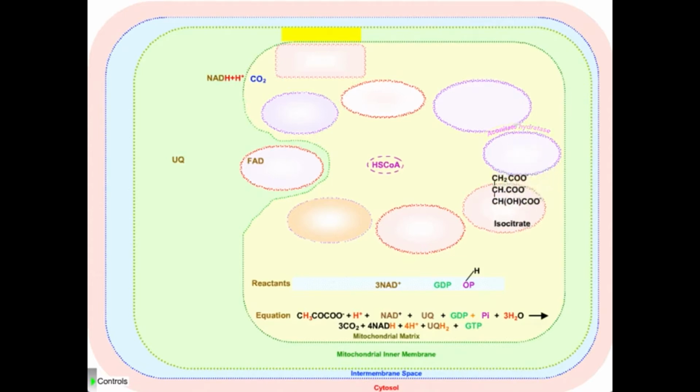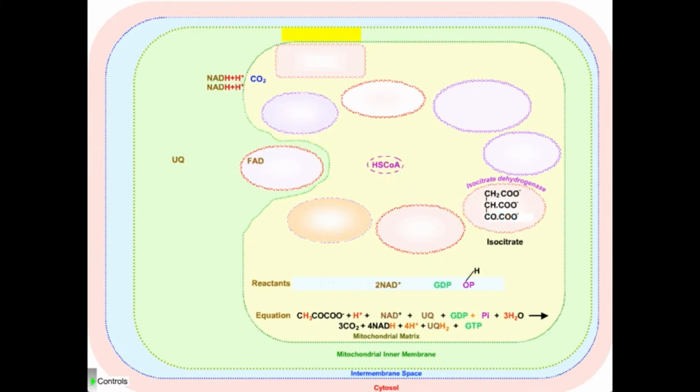In the third step, the reaction involves the conversion of isocitrate to 2-oxoglutarate, also called alpha-ketoglutarate. Isocitrate is oxidized and produces a 5-carbon molecule through the enzyme isocitrate dehydrogenase. NAD+ is reduced to NADH, and this is the first NADH producing step.